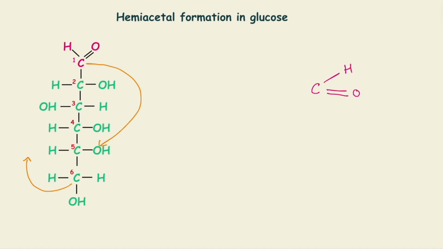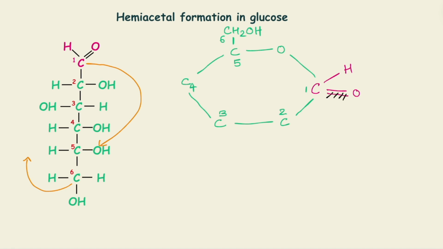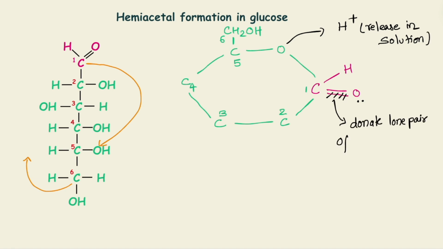Let us see the hemiacetal formation in glucose. In the glucose having 6 carbon atoms, the carbon atom C1 is partially positive and the oxygen of the hydroxyl group at the C5 carbon atom is partially negative, which results in attraction of C1 towards C5.